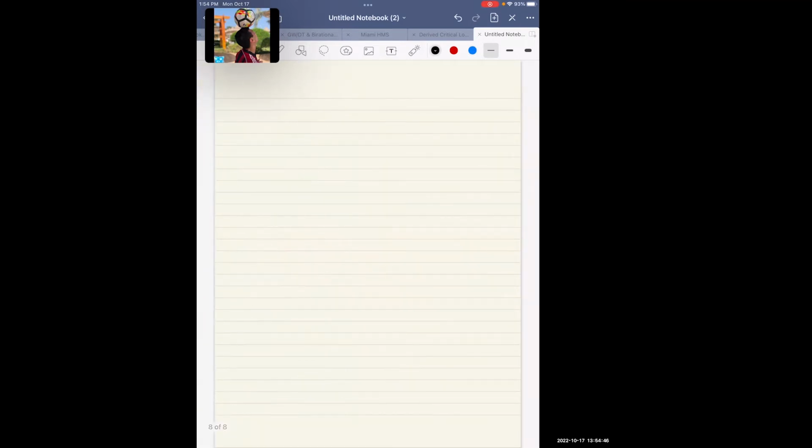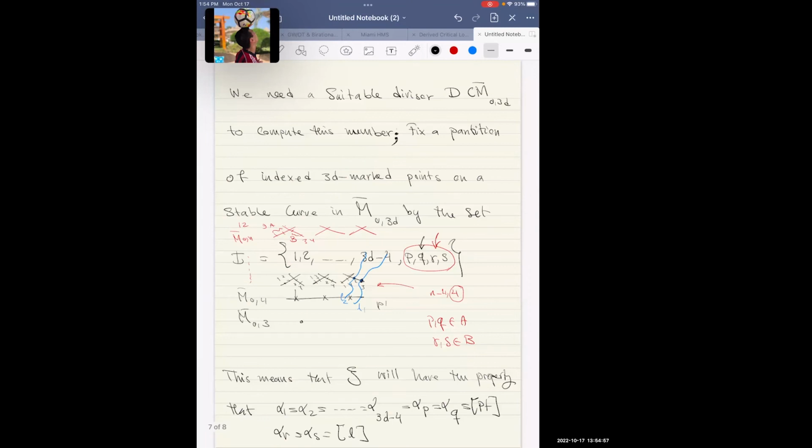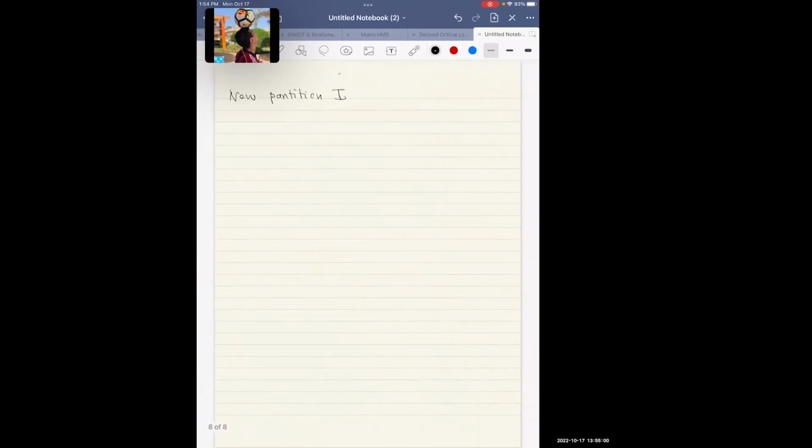Okay, so that's that. Now, partition this set, index set I, into disjoint sets A and B, exactly as before, as in the splitting axiom.